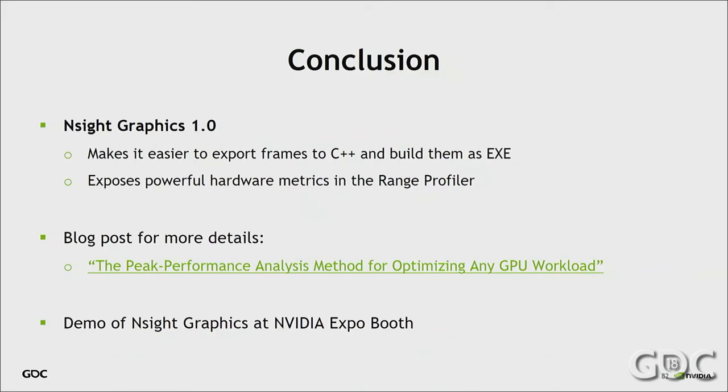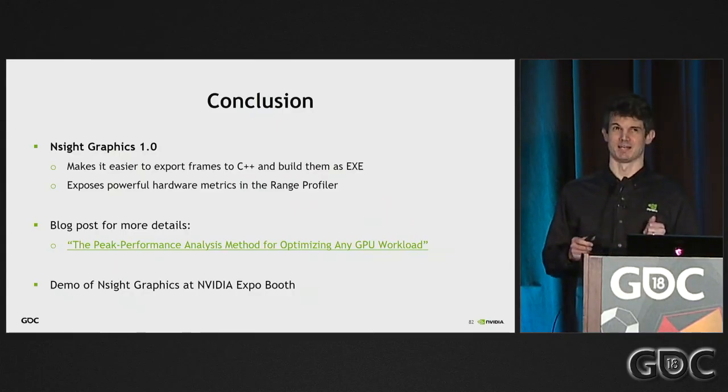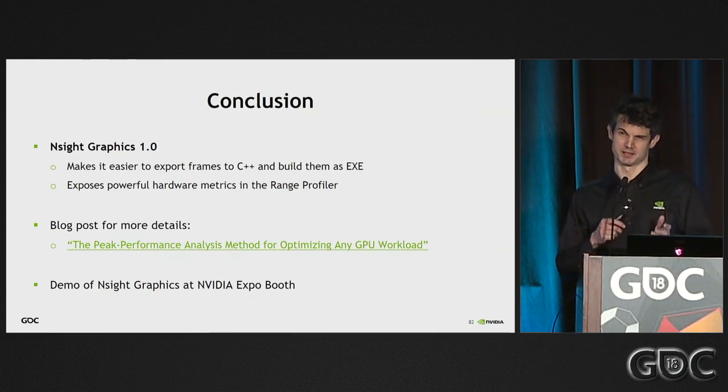In conclusion, Nsight Graphics 1.0 makes it easier for you to export frames to C++, and it makes it easier for you to build your frames as executables and organize your frames as projects.